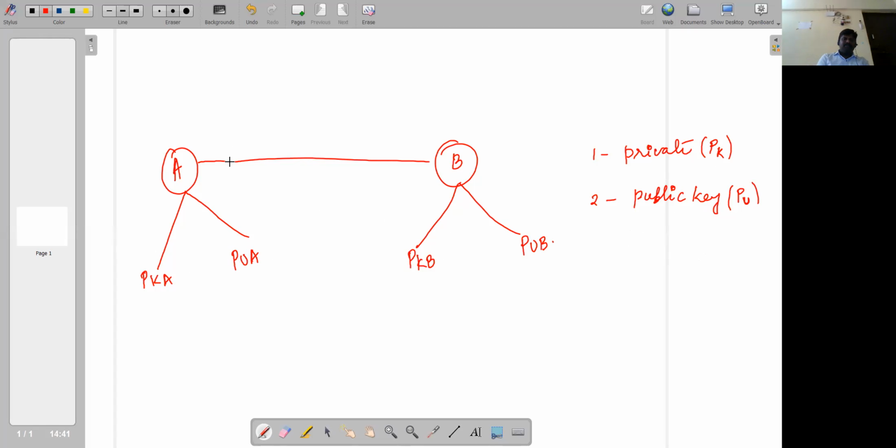If there are two users who want to share secret information with the help of public key cryptography.